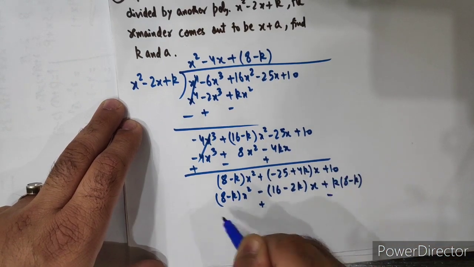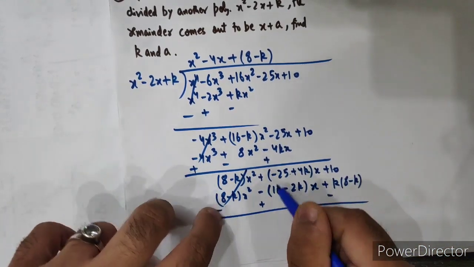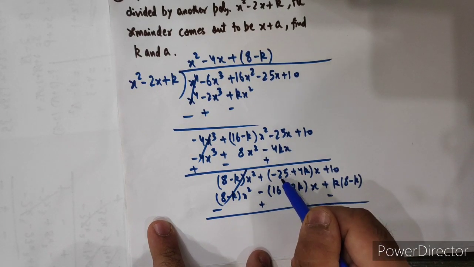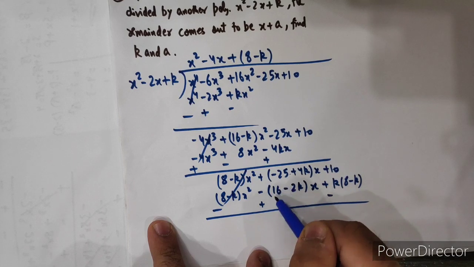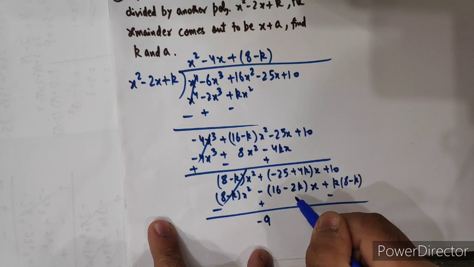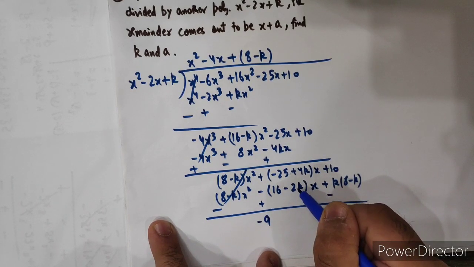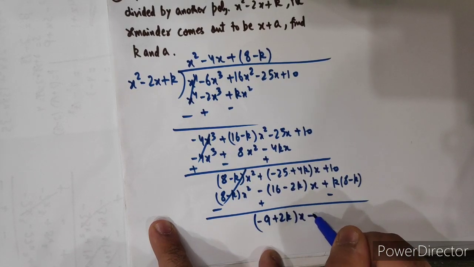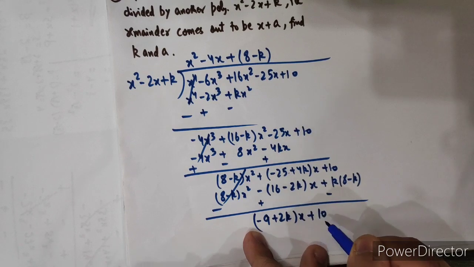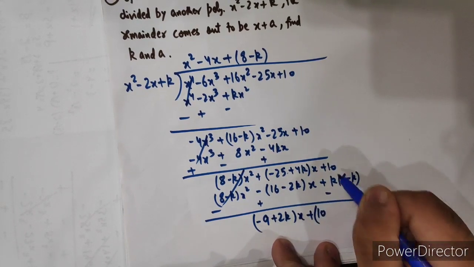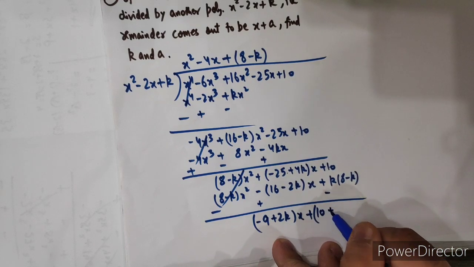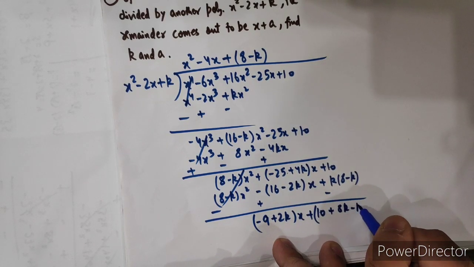Again if you change sign, minus plus and minus, this is again going to cancel. If we simplify this, this will be minus 25 plus 16, that will be minus 9, and plus 2k. x is exactly same, and this will be 10 from this side, and then we have plus 8k minus k square.